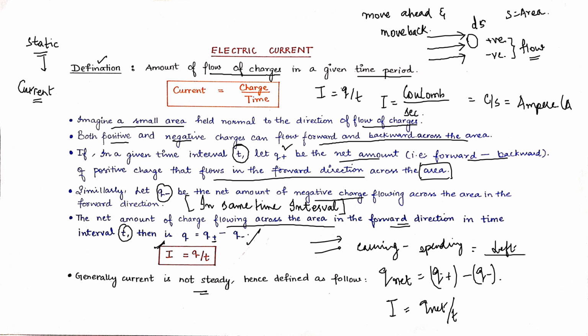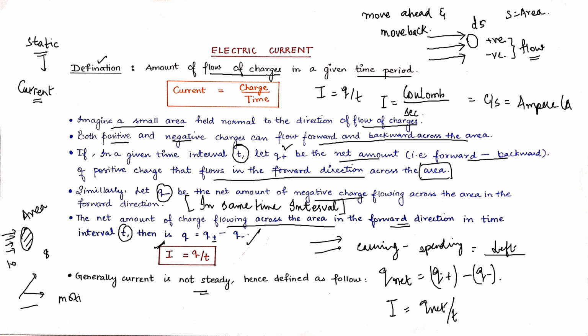If this is the area under consideration, maybe the charges coming to this area are approximately 10 but only 8 will cross. They may be diverging, they may be converging, they can be anything because they have their own interactions. They can show any sort of motion.